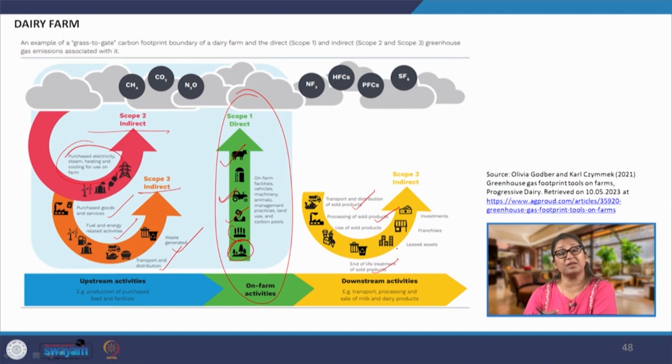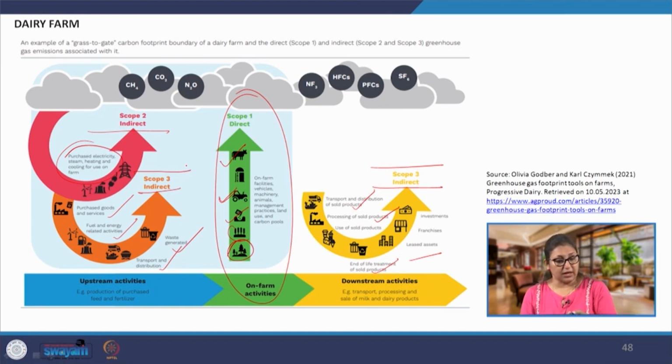There could also be franchisees, as we have already talked about, where the facility is owned and maintained by somebody else. It is just that the products are being sold. So, part of those emissions will be counted towards the GHG scope 3 for this particular company. These are all the scope 3 indirect emissions that we are talking about for a dairy farm.